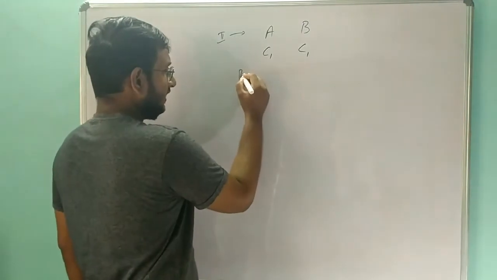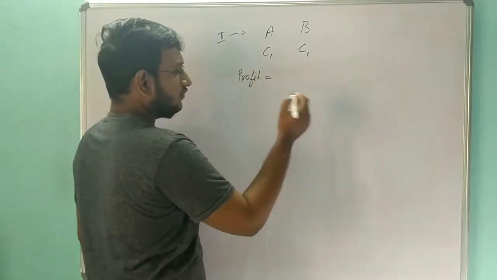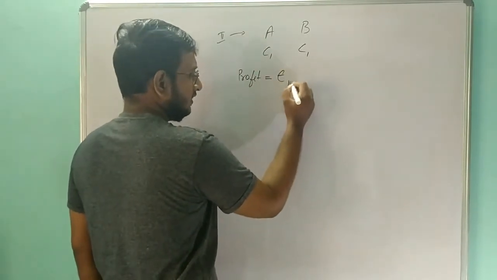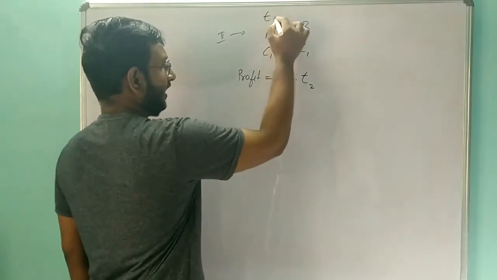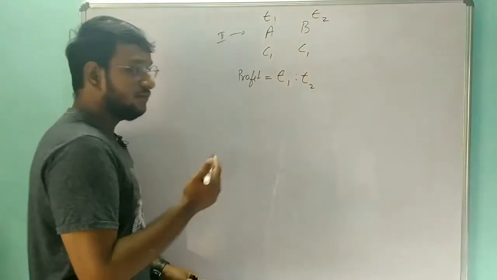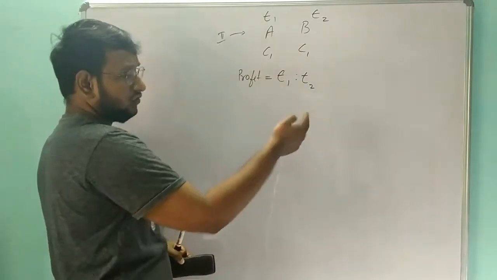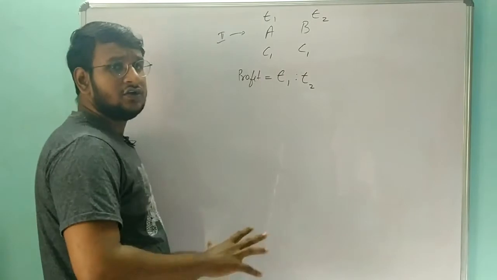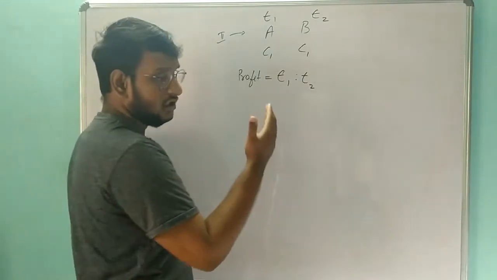Their profit ratio will be in the ratio of their time, T1 is to T2, where T1 is the time period of A's investment and T2 is the time period of B's investment. For example, one is investing for 2 years, the other for 4 years. Then their profit will be divided in the ratio of T1 is to T2.